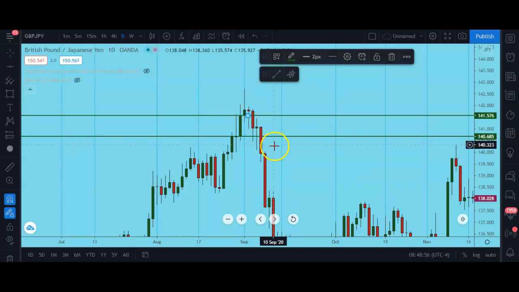So when the market opened on this day, I would have believed that price would have sold down past this point, but not remained below it. So I would have gotten in at this open, looking for price to come down below this point.